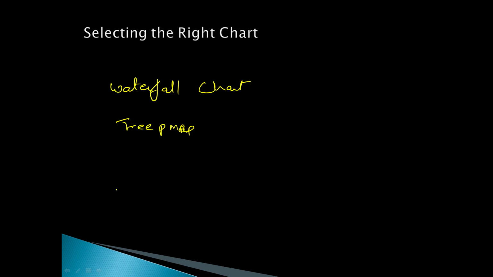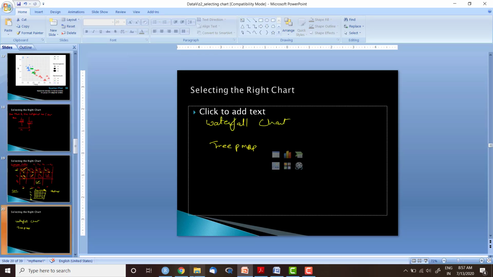I would suggest, if you are a beginner, first get mastery of these basic charts, when to use which, how to interpret, and definitely how to create them in the tool which you are using. Then only look at these fancy charts, and you will find those charts are very easy to read.